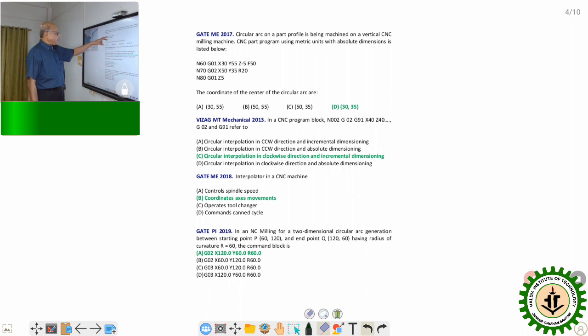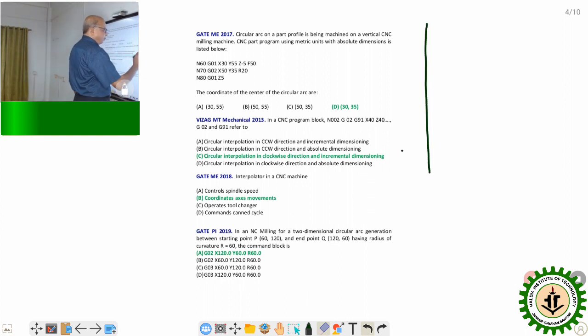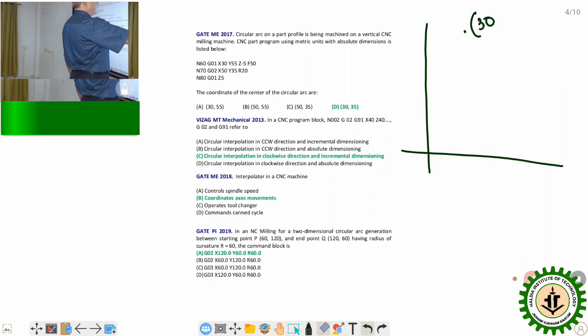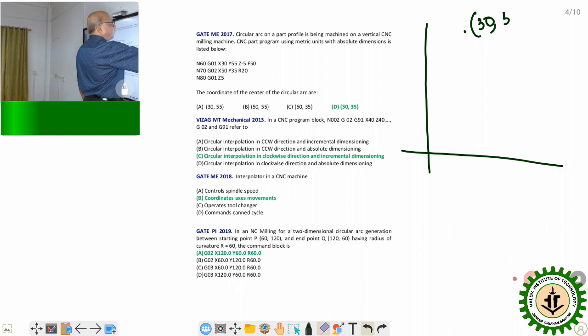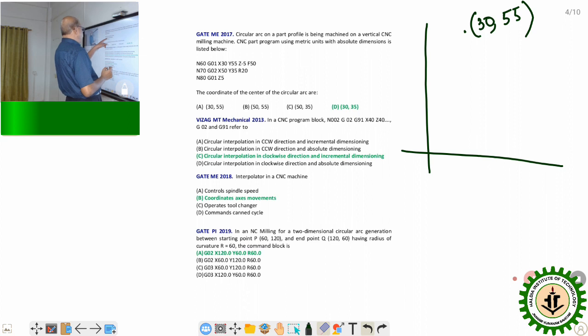Now the starting point is X30 Y55 and the end point is X50 Y35. So if you take a two-dimensional coordinate system, something like this, X30 Y55 is somewhere here. This will be 30, 55, and the end point 50, 35 is somewhere here.